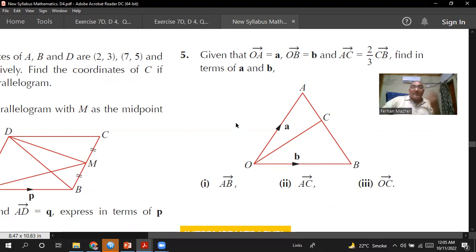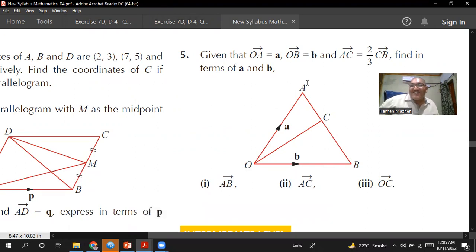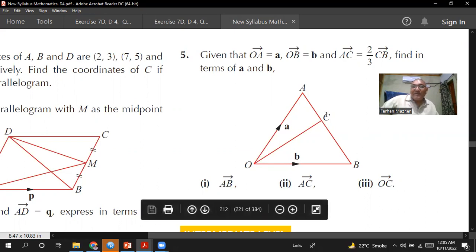Okay, first of all, they want me to find out the AB, then they want me to find out the AC, then they want me to find out the OC. Very simple. If you want to find the AB, we will make the bypass. We represent this in terms of two vectors. So from A you go to O, from O you go to B. That's the bypass, and I know their values.